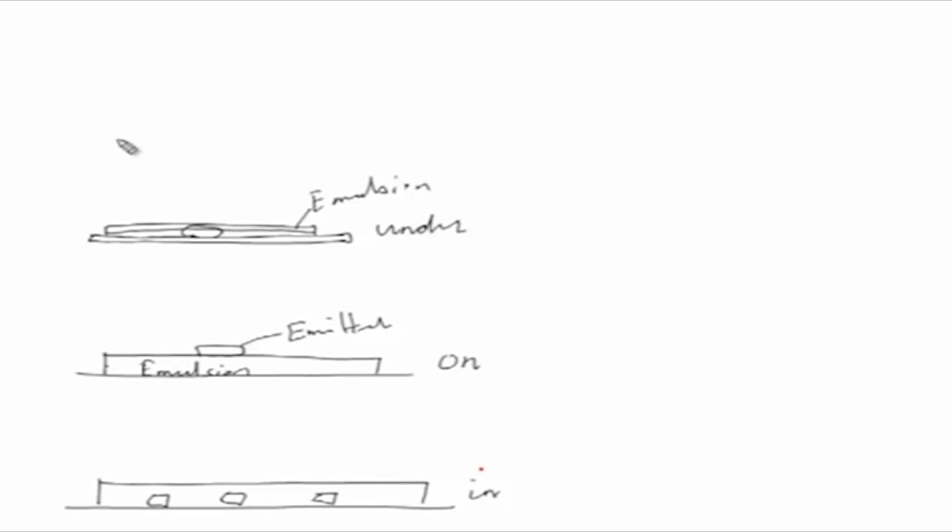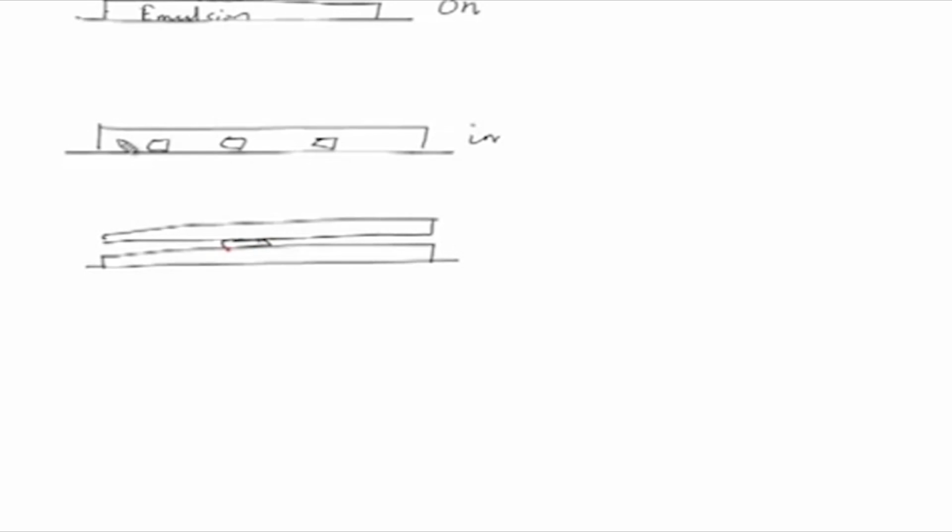And there could be another one where you have emulsion at the bottom, emulsion on the top, and your emitter is in between, sandwiched between the emulsion. So, you could have either of these conditions: it could be under, on the surface, in the emulsion, or sandwiched in between the emulsion.